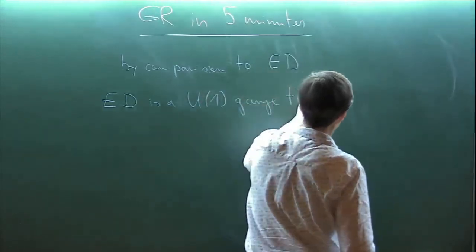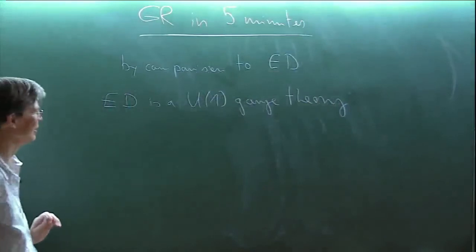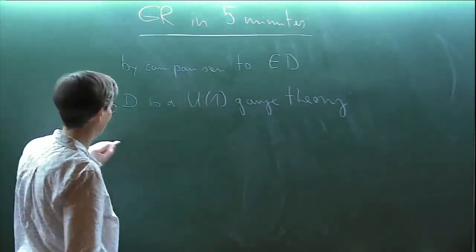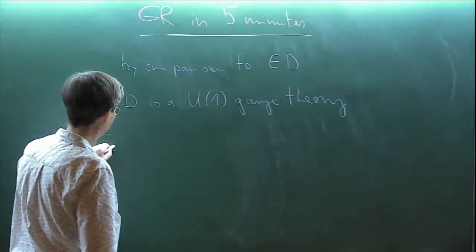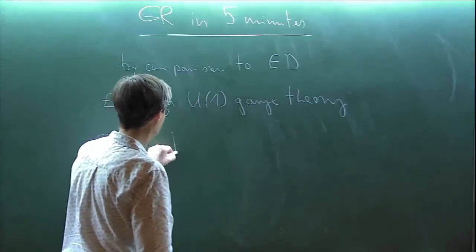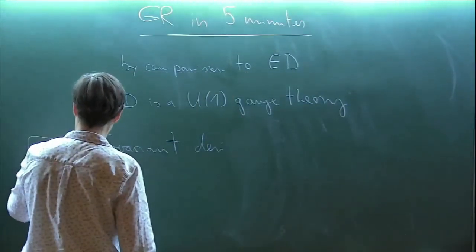Since you're all, I guess, from a QCD background, this should be a simple example. If you have a U(1) gauge theory, you have a covariant derivative. I'm just talking about electrodynamics.